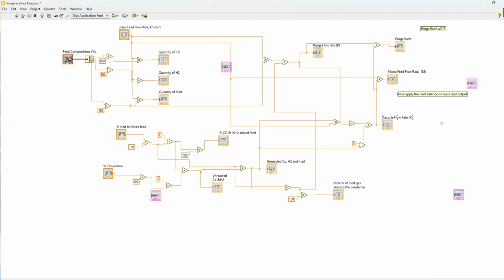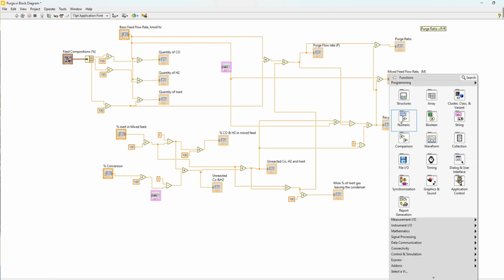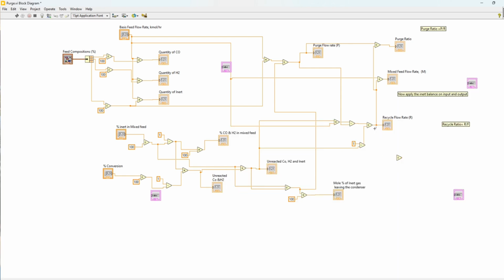Now similarly we will find out the recycle ratio. See, recycle ratio, this is nothing but R divided by F. So this is R, and this is the feed, and now disconnect from here.